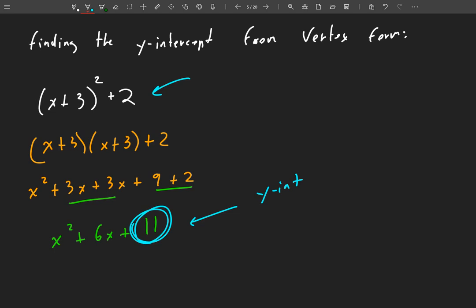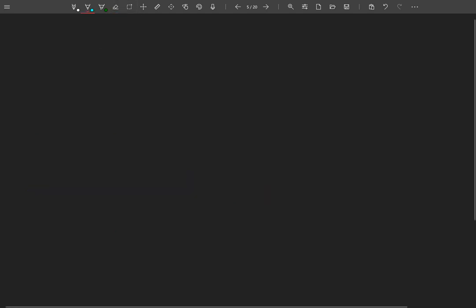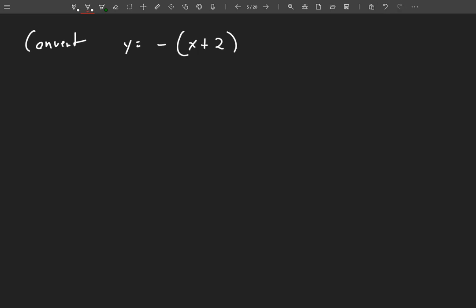All right. Let's do another one. So you might be asked to convert the function, let's do a more interesting one, y equals negative (x plus 2) squared minus 1 to standard form.